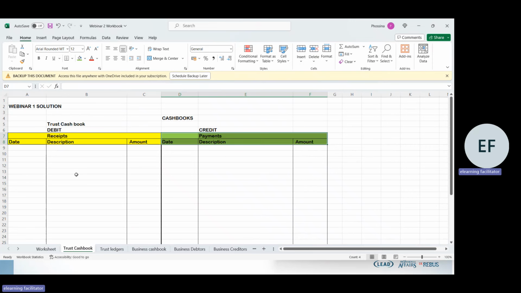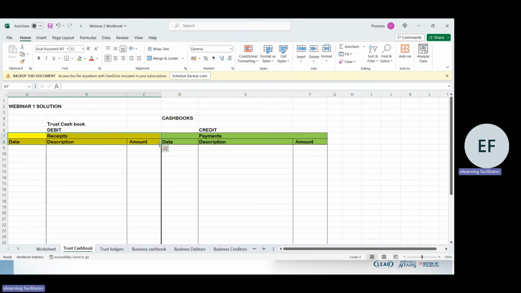Remember, for every cash book there's a corresponding bank account, so what we are recording should be able to be reconciled back to the bank statement. So we've got receipts. When we receive money, we record them on the debit side, which is the top part.